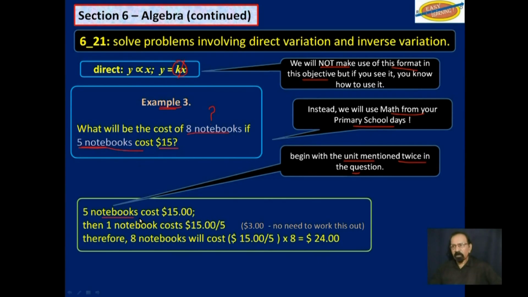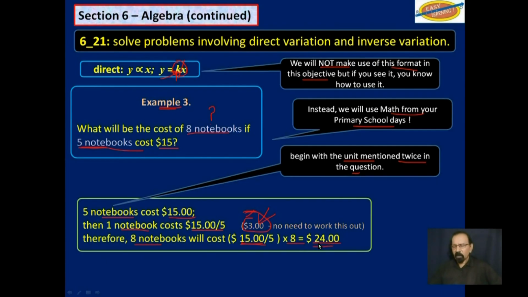5 notebooks cost $15. Then 1 notebook will cost 15 divided by 5, which is $3. Reminder again, that $3 is actually this k up here. So 8 notebooks will cost what 1 notebook costs times 8, which is $24.